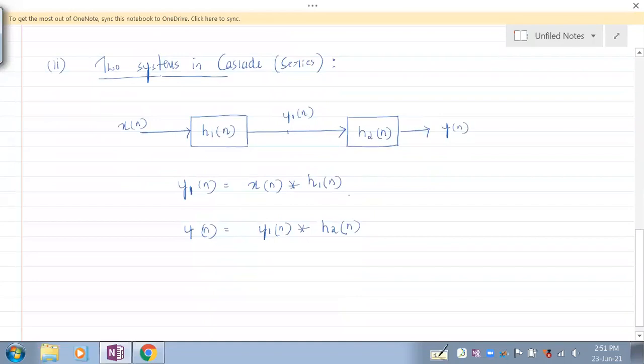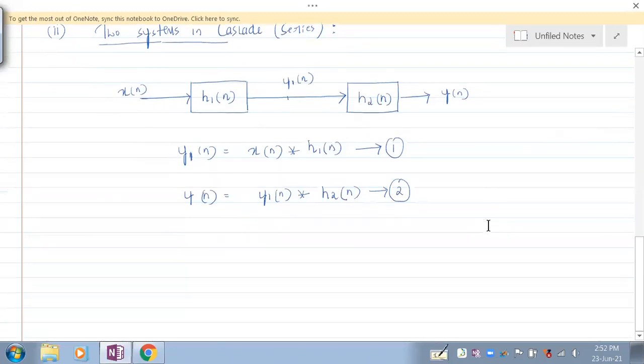Let me call this equation number 1 and this equation number 2. Equation 1 is the output of the first LTI system, and equation 2 is the output of the second system, or the overall system. So this is how y of n and y1 of n can be represented.